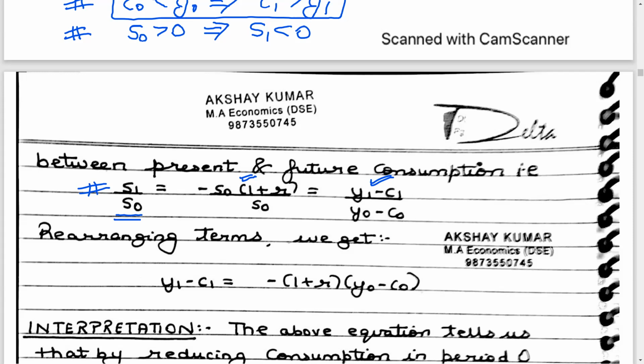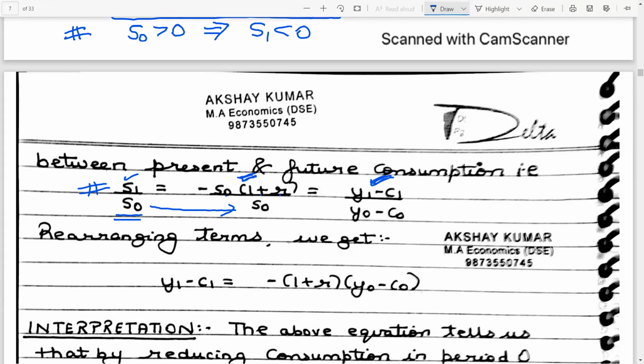So if you rearrange the terms, you can see, I hope students have understood. S1 is nothing but minus S0 into 1 plus R. S0 is written as it is. Minus S0 into 1 plus R is Y1 minus C1.